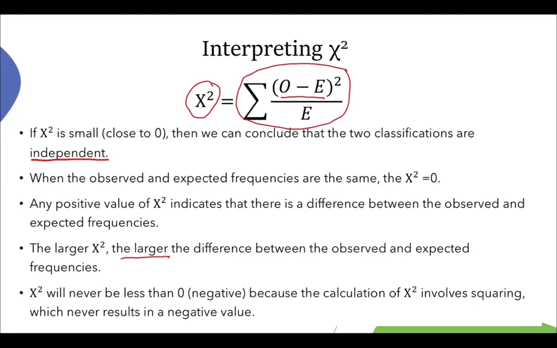And just a reiteration that chi-square is a number that is never negative. It is always zero or more because of the squaring that goes on in the formula here. It's always going to ensure a negative difference is evaluated as a positive number because you square negatives and they become positives.